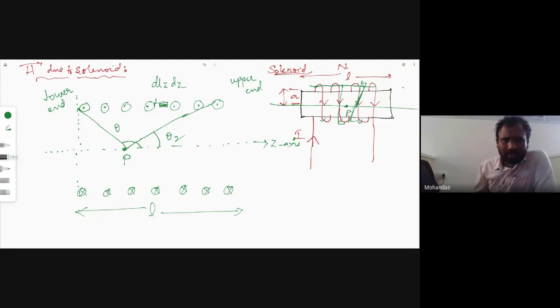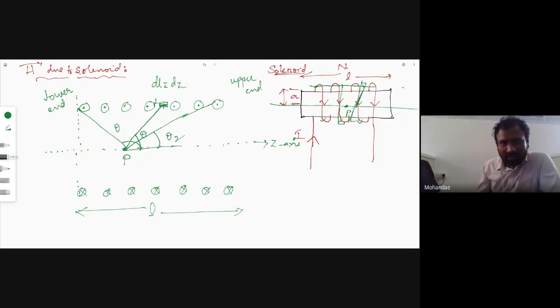Now another angle you have to draw with respect to the differential length dl and this axis, and there is an angle called theta.